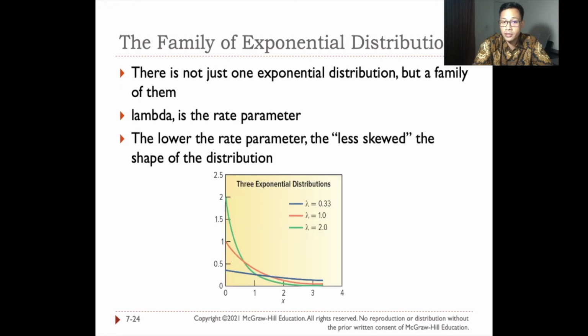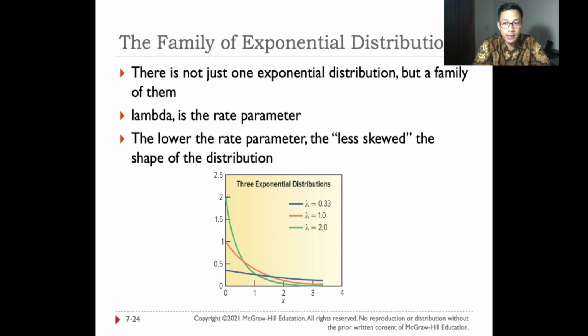Now, this is the depiction of a family of exponential distributions, and the shape is going to depend on the parameter lambda. Lambda itself is referred to as the rate parameter. The graph starts at a high value when the random variable x is 0, and then it declines steadily as we move right with increasing values of x.